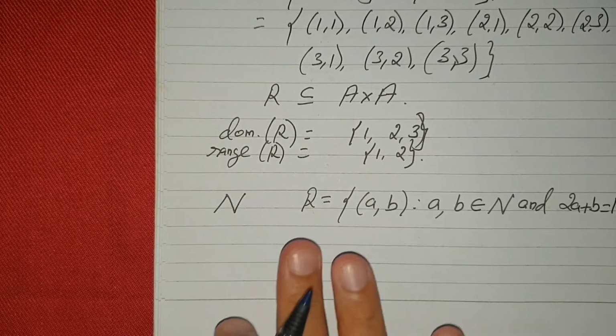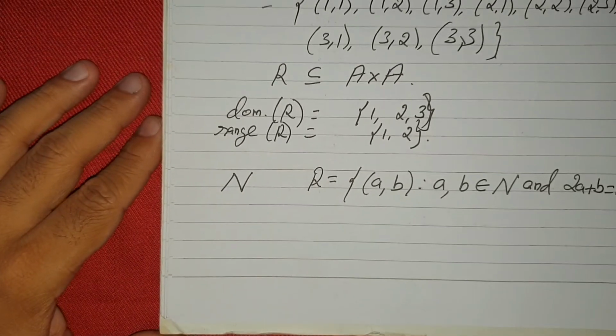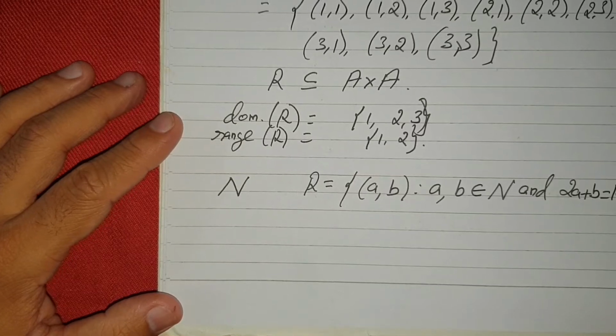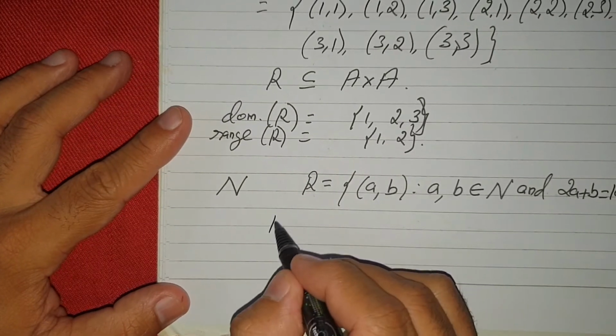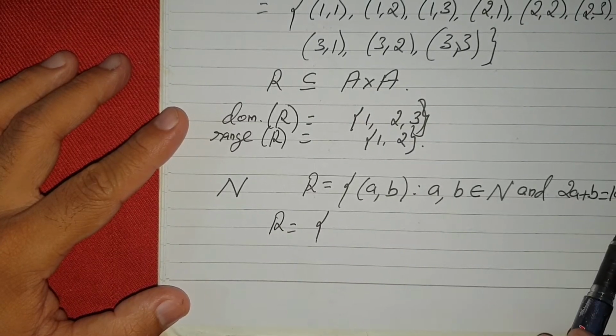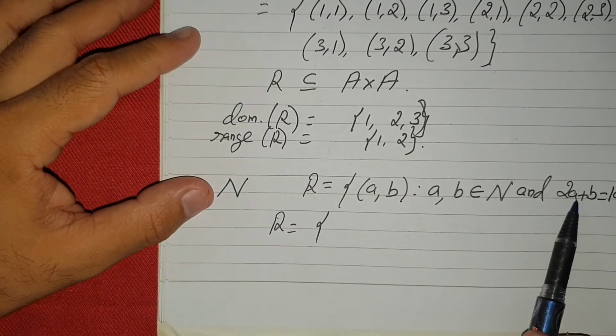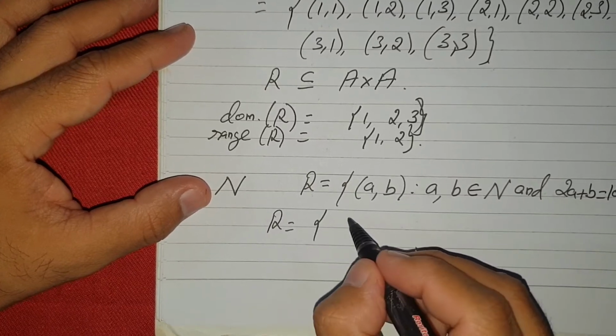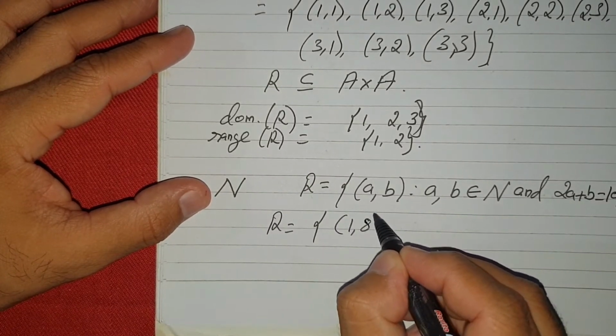First of all we will write the elements of R. They are saying 2a + b = 10. If you take a as 1, b as 8, that is 10. So (1, 8).